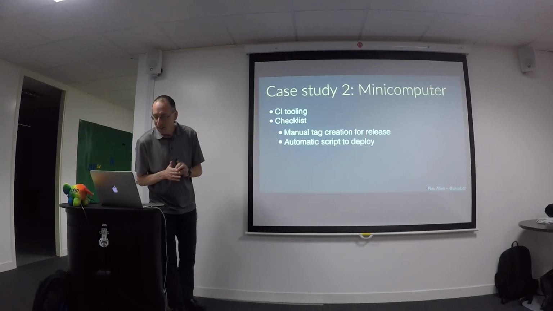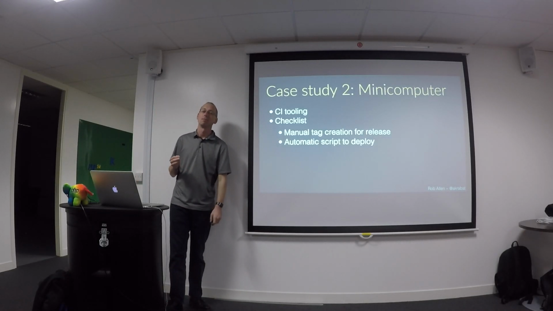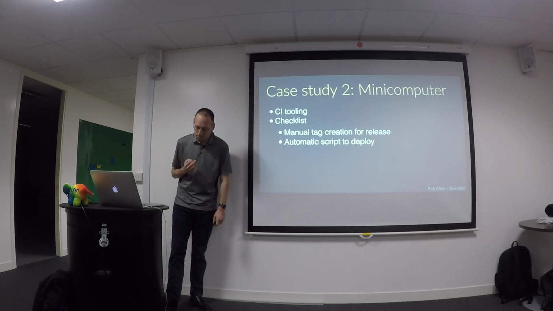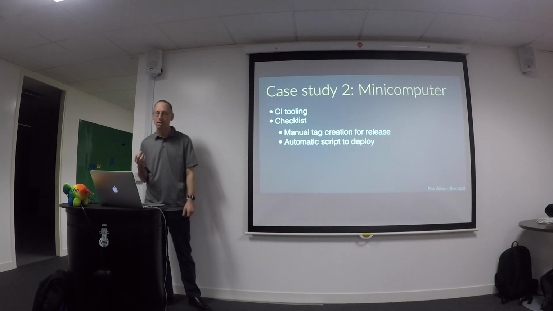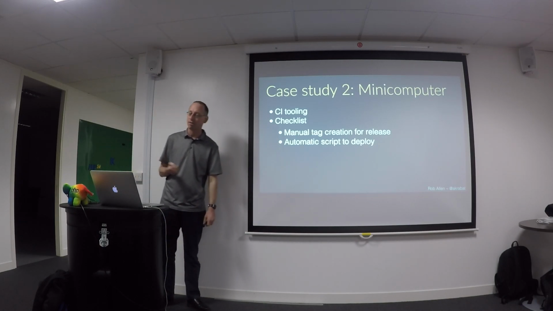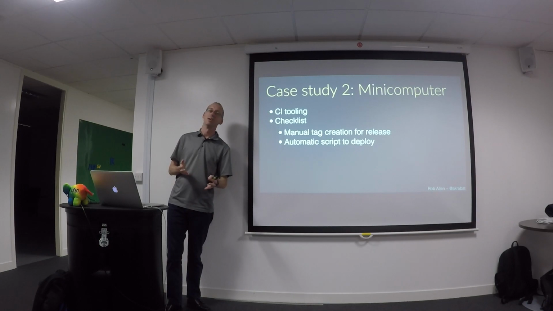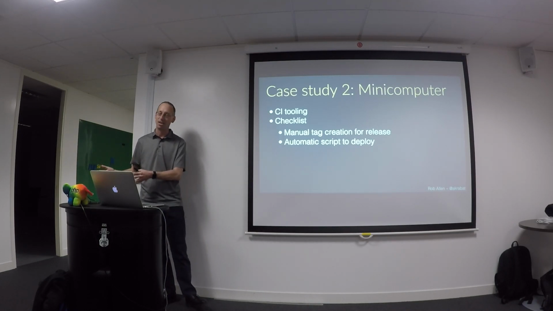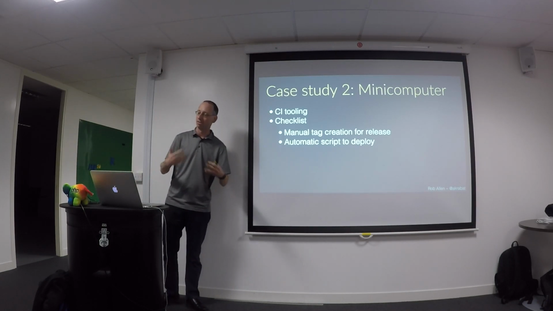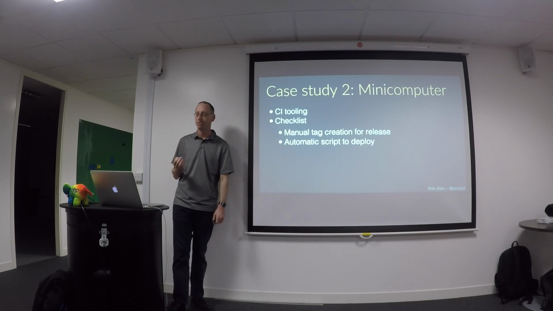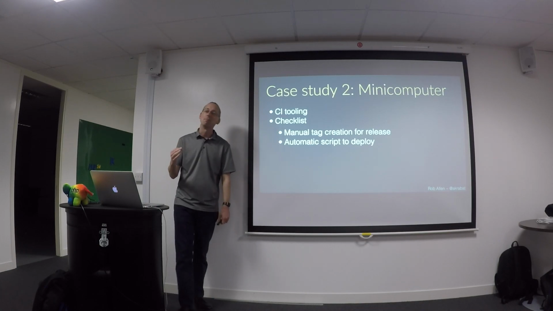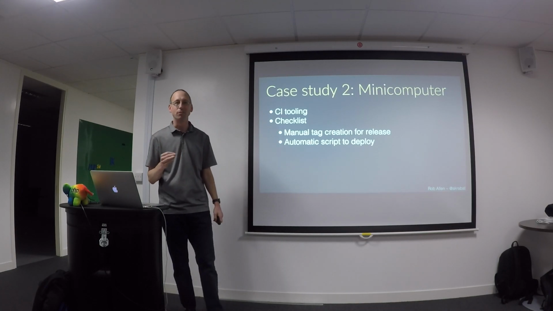What we didn't have was the ability to automate it all because of political concerns. The company's dev team was very, very wary of automated systems putting stuff live without a manual person involved. So what we did there was we had a checklist of things that they had to do, and they manually tagged for the creation of the release.